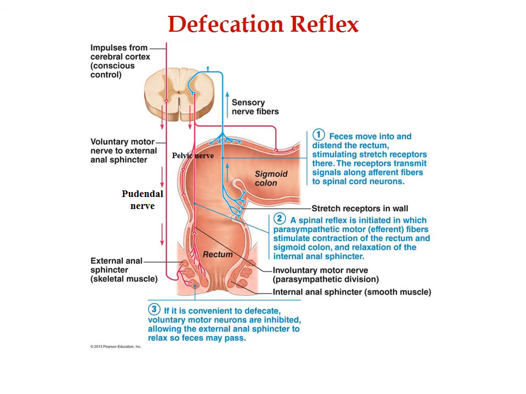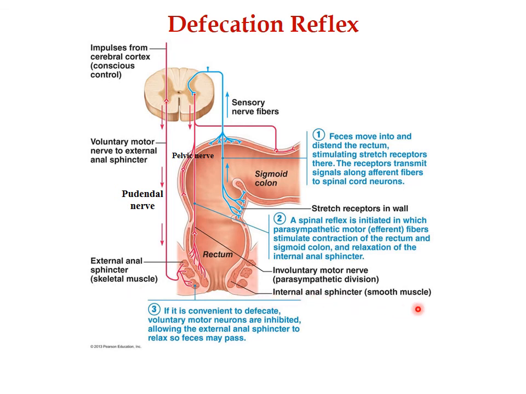Now the defecation will occur only if the external anal sphincter opens or relaxes, right? This is the external anal sphincter, which is a skeletal muscle. Look at this. This is the major difference.